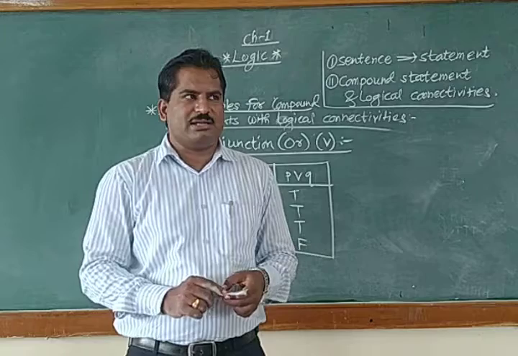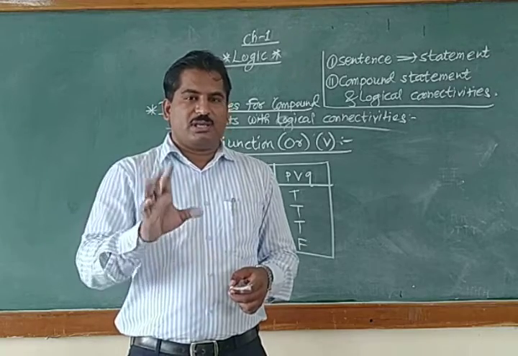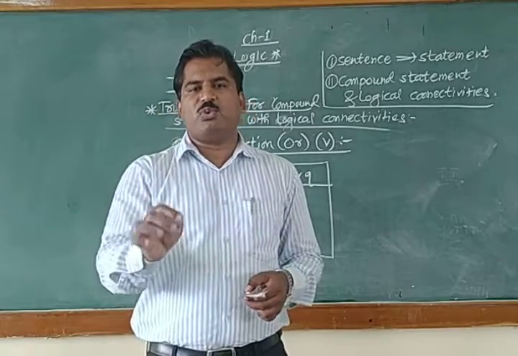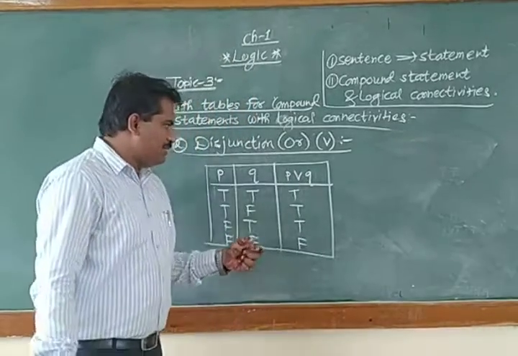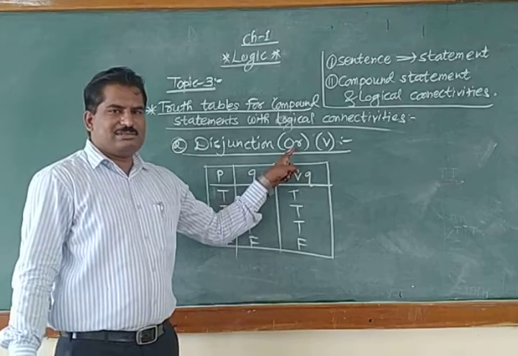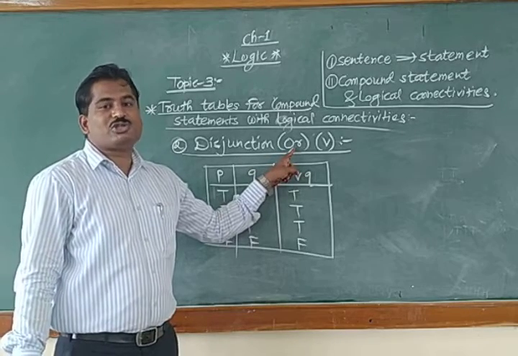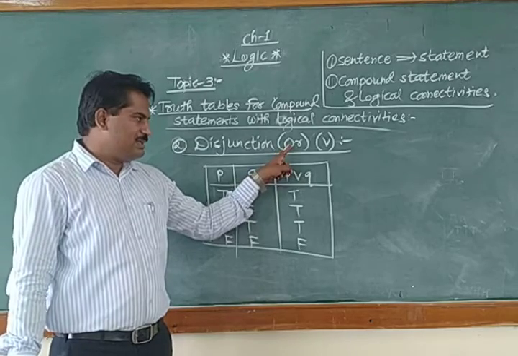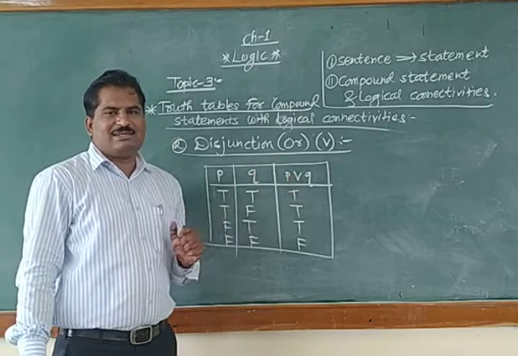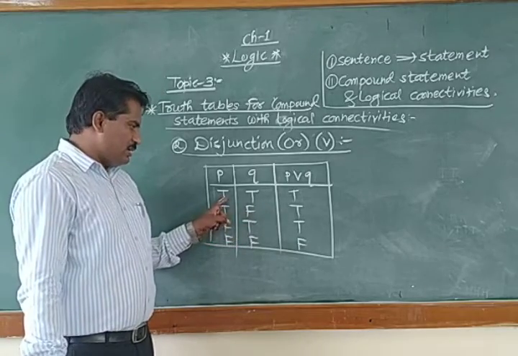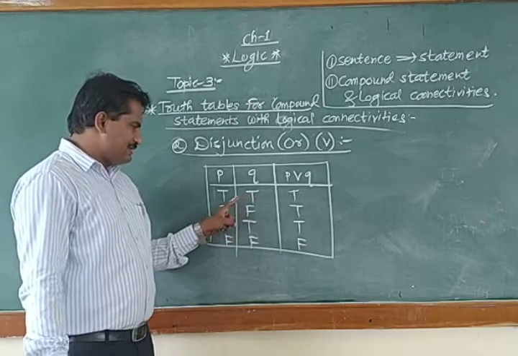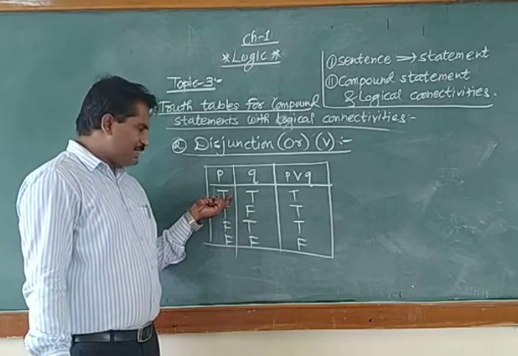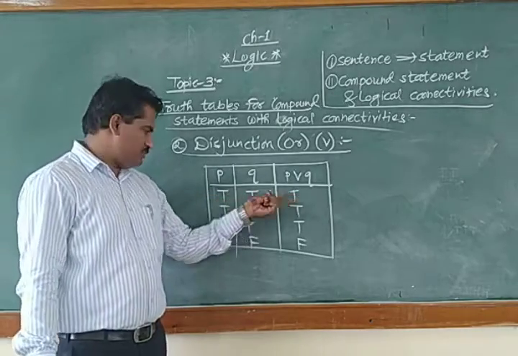But if I give the instruction to the students, please bring your book or notebook, then 'or' gives you a choice, because 'or' means that one of them is important. Therefore, if one case is true, then it is true.